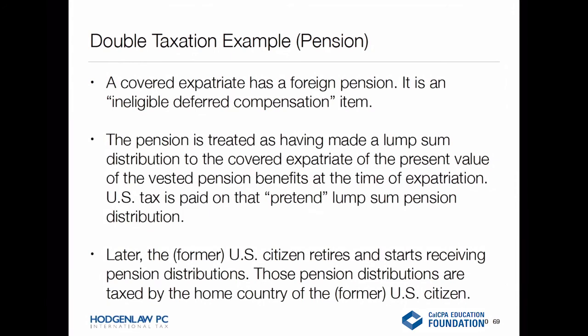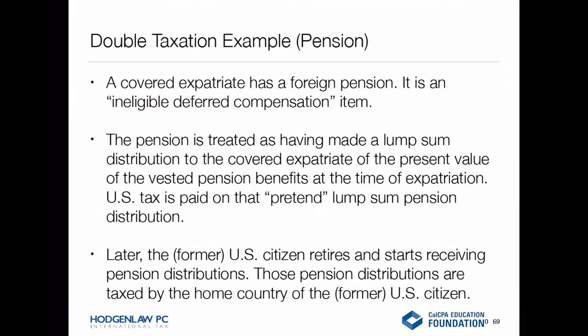That makes it an ineligible deferred compensation item. So the pension is treated as having made a lump sum distribution to the covered expatriate of the present value of the vested pension benefits at the time of expatriation, and the US tax is paid on that pretend lump sum pension distribution.